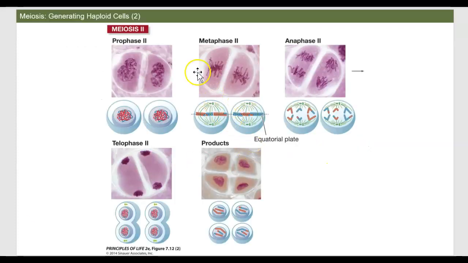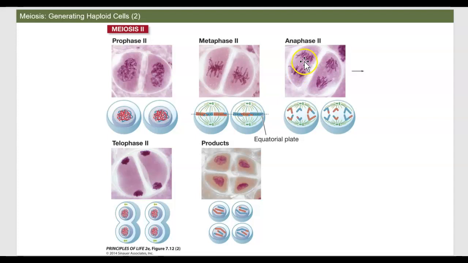And so in meiosis 2, the nuclear envelope disappears. The sister chromatids are now condensing so we can see them. Then they line up in the middle, so you can see that here.